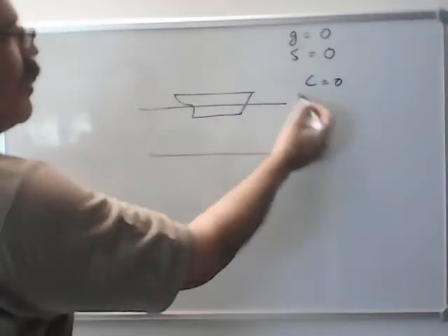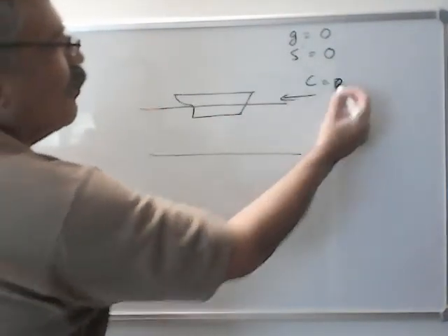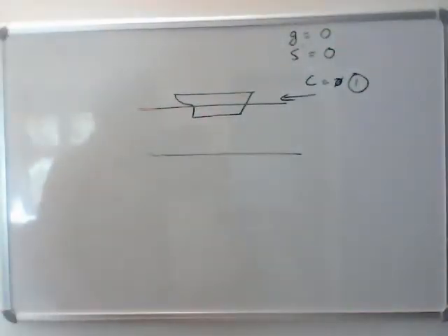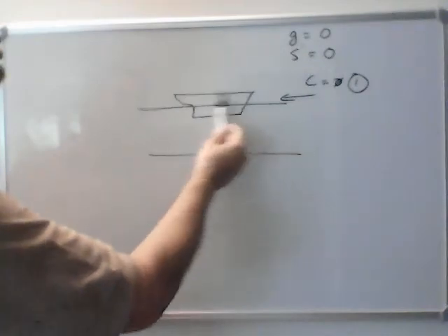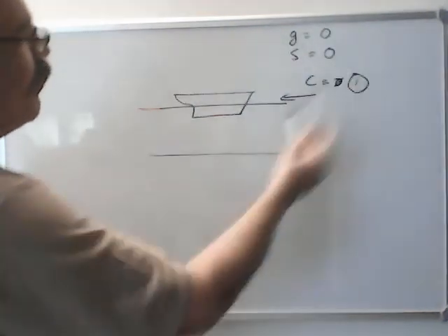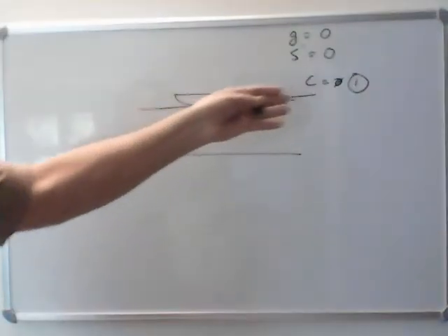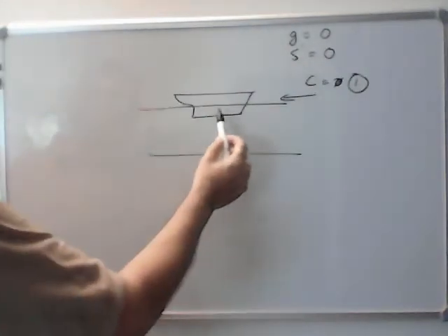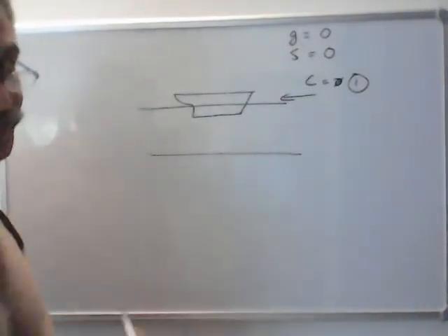Now suppose you get a current like this of 1 knot. Now ship will start moving along with the water at 1 knot because she is stopped and drifting and now you have a current. So what will the GPS show? What will be the speed of ship with respect to the ground? 1 knot.